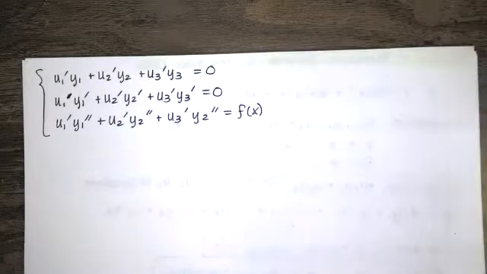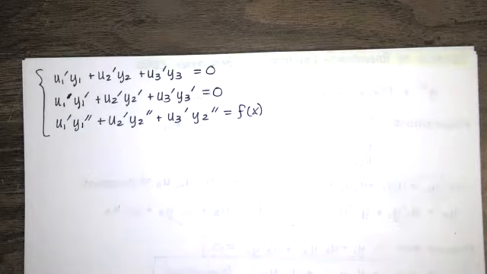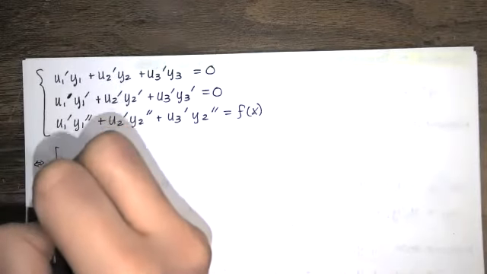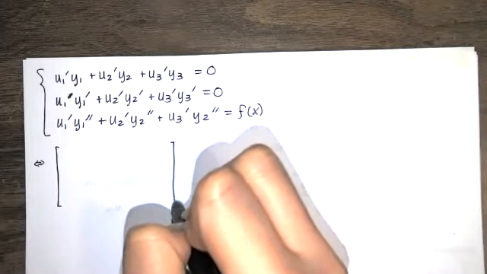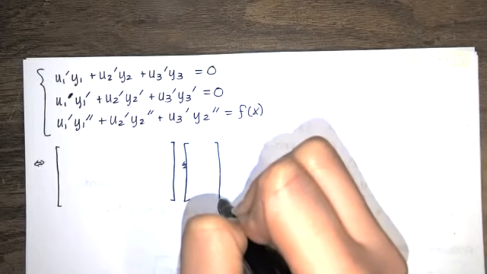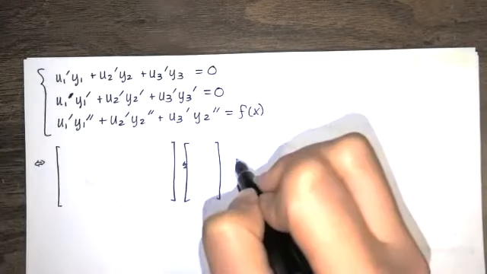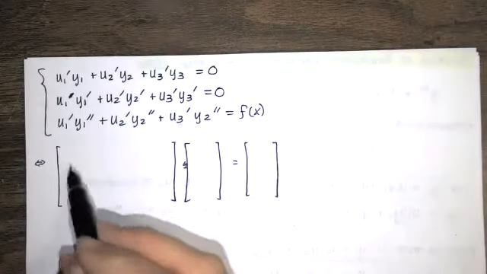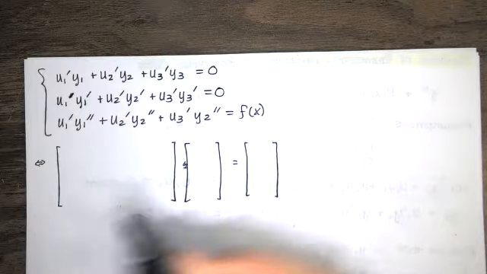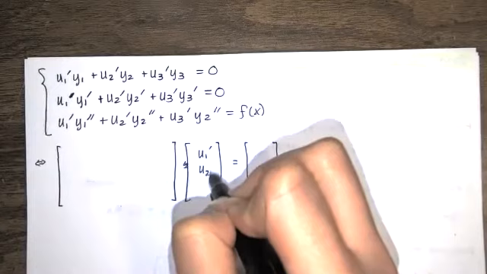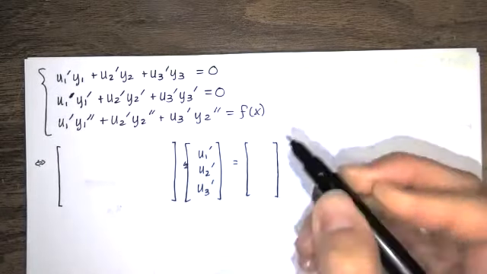Okay, so we've got this system of 3 equations and 3 unknowns, which we can solve using Cramer's rule. In order to do that, we'll rewrite it this way. I'm going to write it as the product of a 3 by 3 matrix and a column vector with 3 entries. Now the coefficients go here, and the unknowns that we're solving for go here. Our unknowns are u1 prime, u2 prime, and u3 prime.